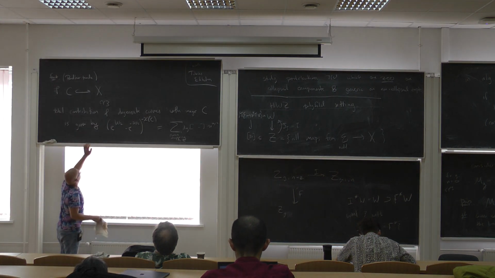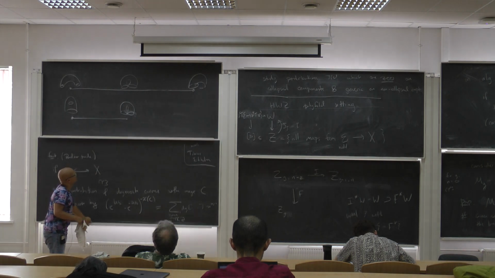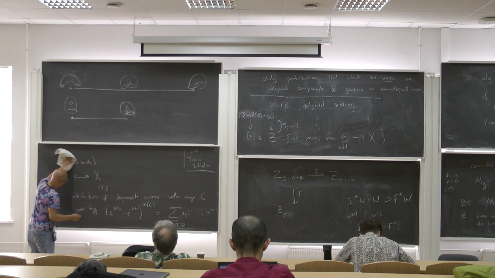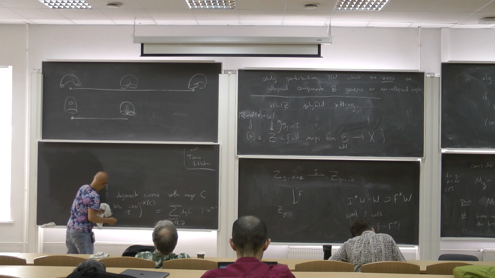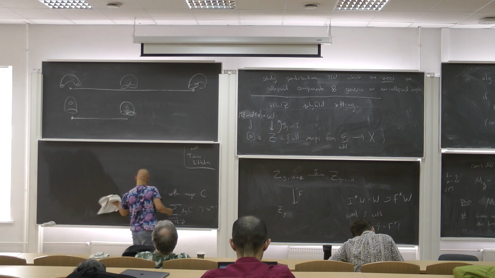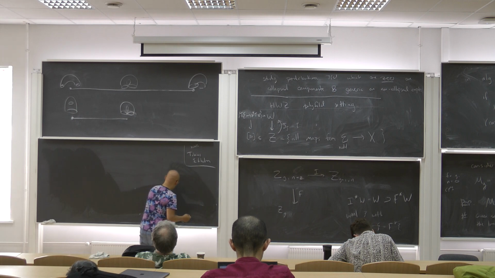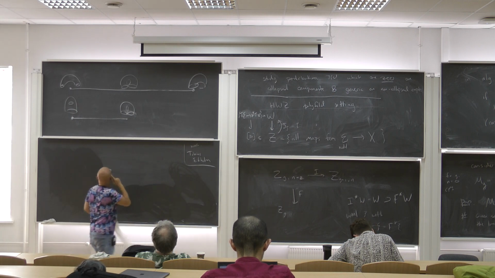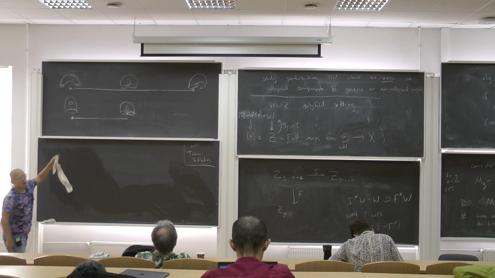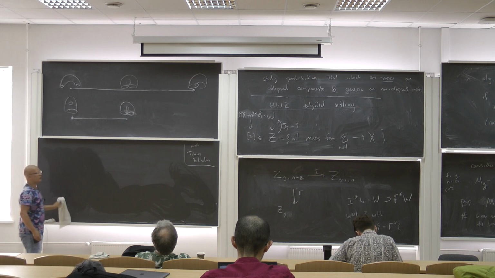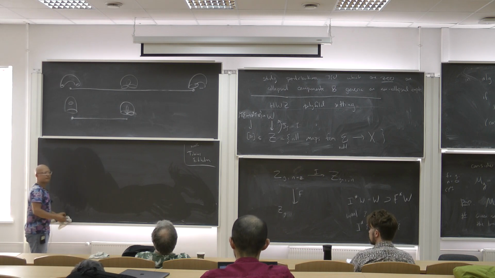And the way you do that is that you count the curves by the class of their boundaries, and you always count them by the class of their boundaries. But now we're going to count them by the class of the boundaries in the skein module.